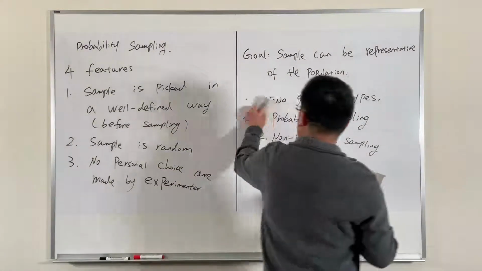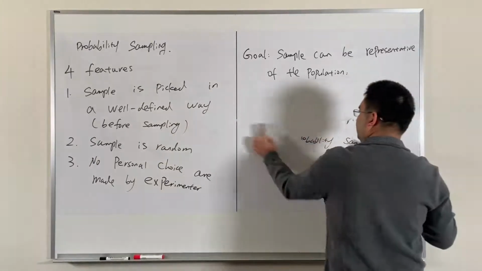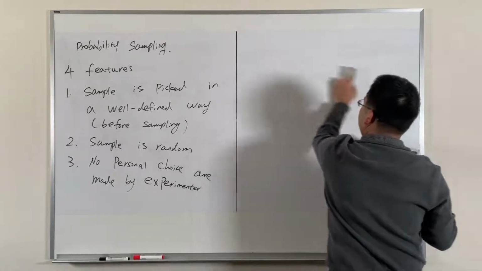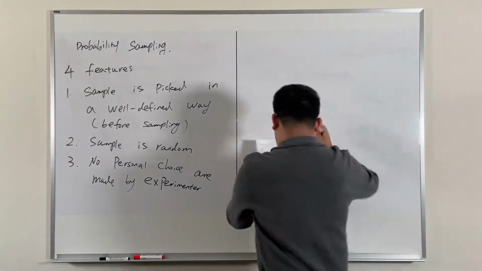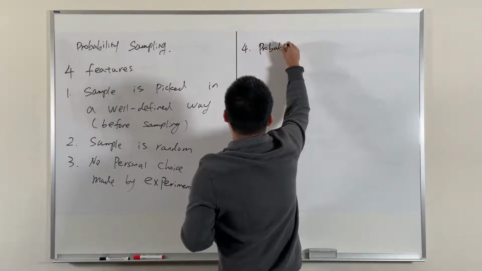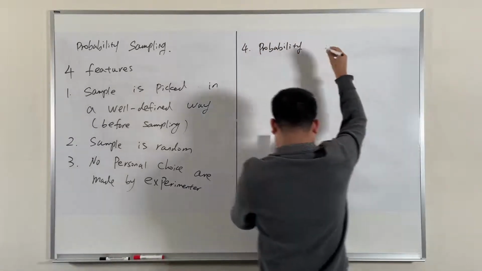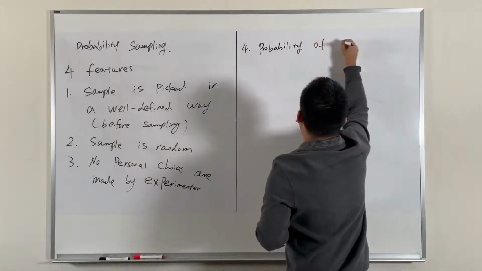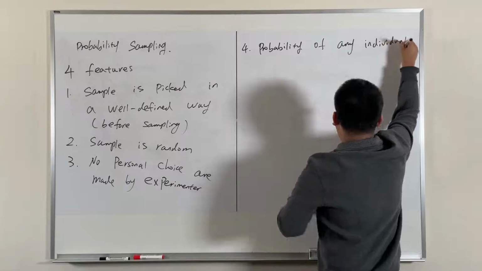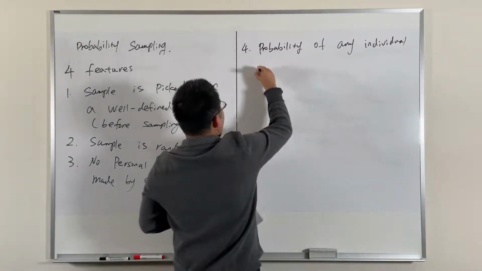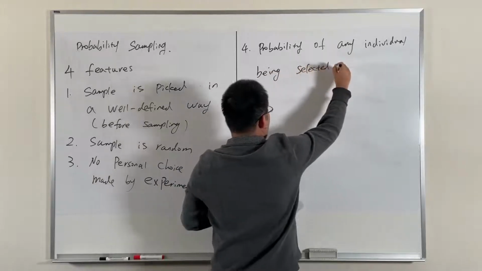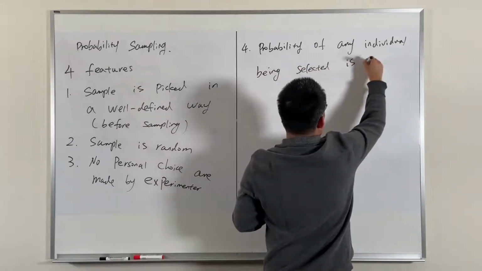And then the fourth one is the probability of any individual or any subject being selected is calculable.